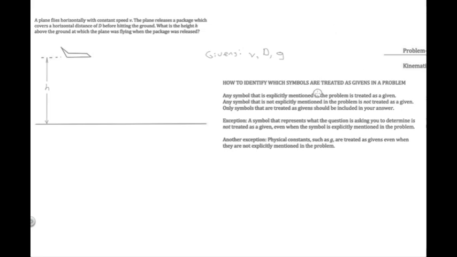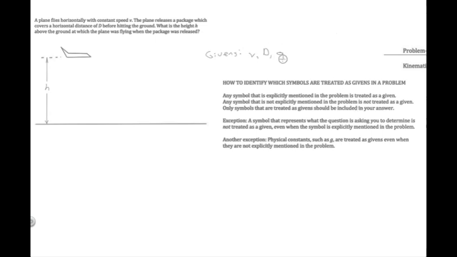So here's a summary of these rules that we were just discussing. Any symbol that is explicitly mentioned in a problem is treated as a given. So since little v and capital D were explicitly mentioned, those are treated as givens. Any symbol that is not explicitly mentioned in the problem is not treated as a given, and only the givens should be included in our final answer.